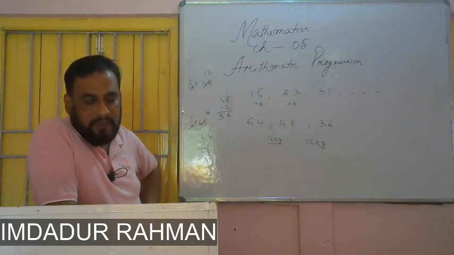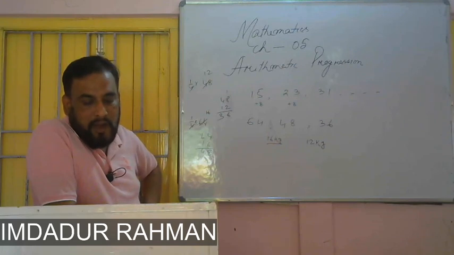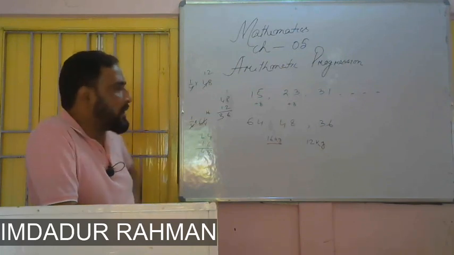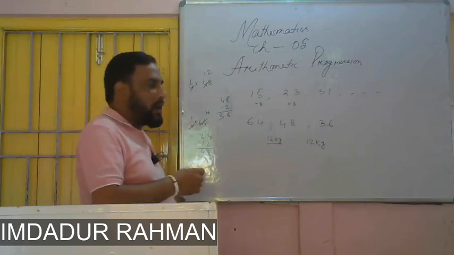Next, number 3, the cost of digging a well after every meter, when it costs rupees 150 for the first meter and rises by rupees 50 for each subsequent meter. So we have to dig a well.